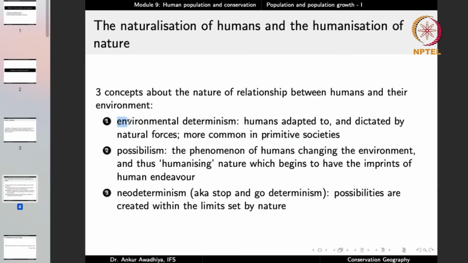So the term says environmental determinism, meaning that the environment determines the humans. So humans will get adapted to their environment. They will be dictated by the natural forces. There is little that humans can do. The environment is the more predominant factor.